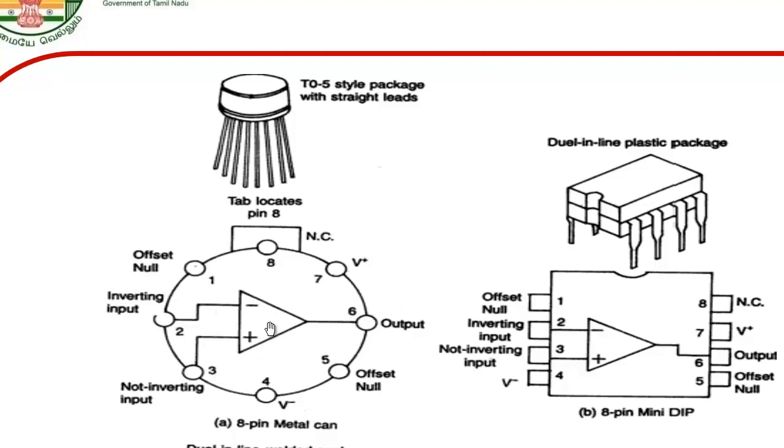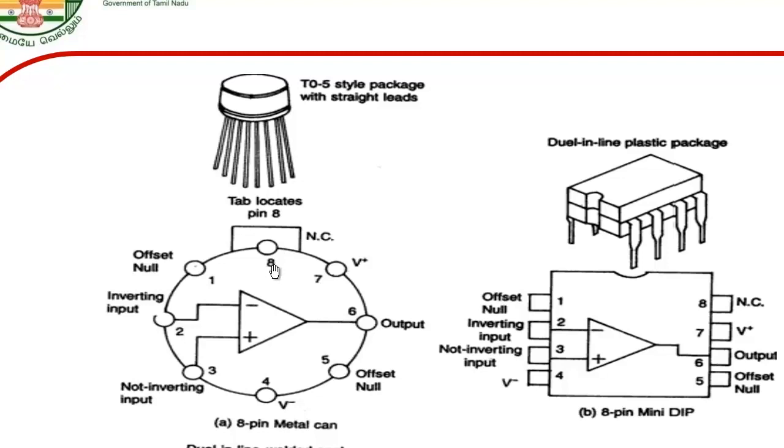Now how to identify the pin numbers here. In the rectangular chip we had a notch to identify top and bottom. Here, to find it, there is a tab here, right, tab. The pin next to the tab is pin number 8.